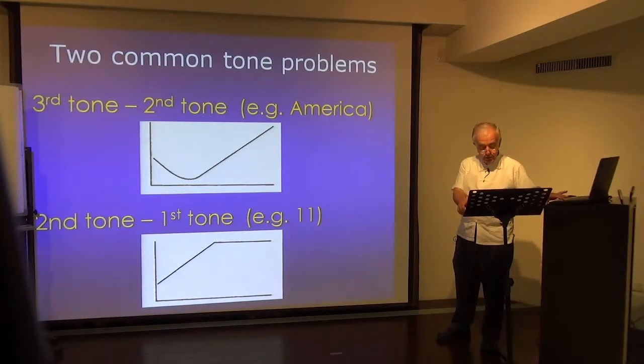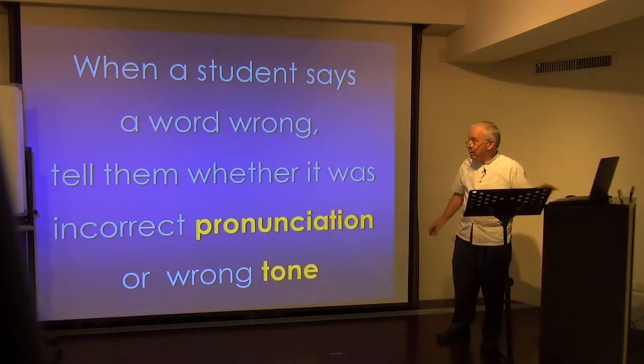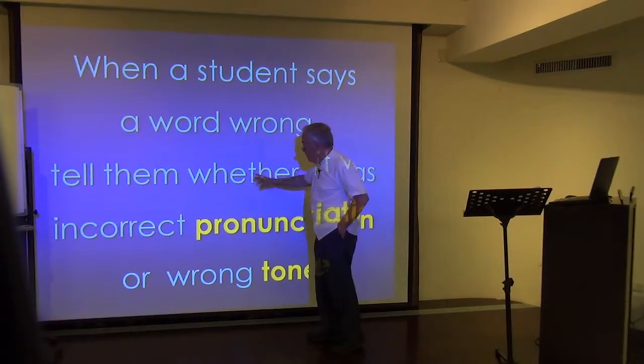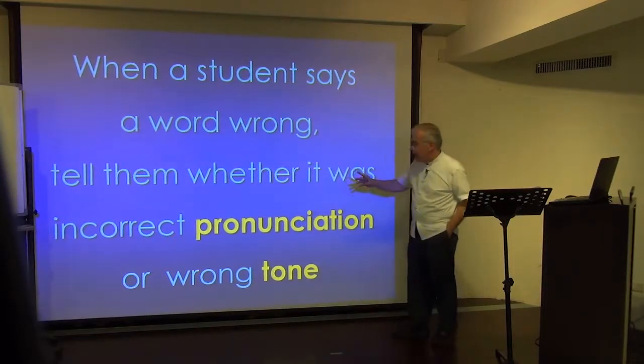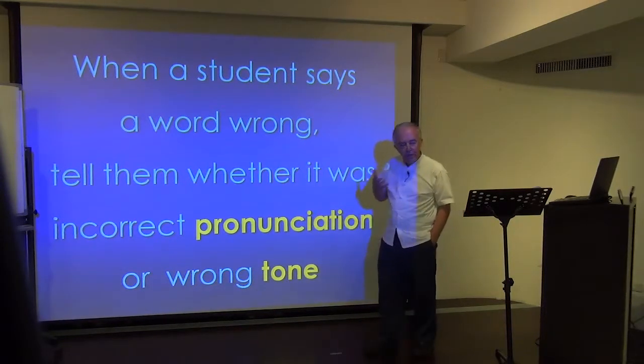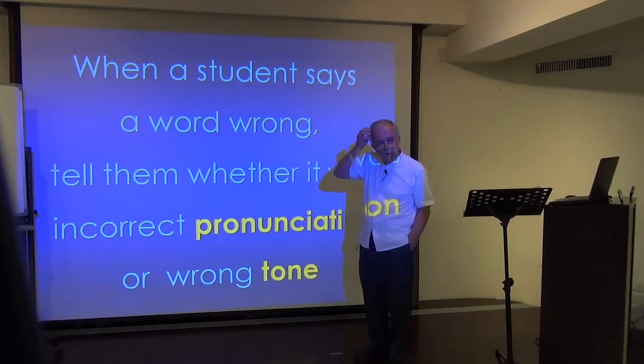And as teachers, let me find my place in my notes. We need to tell them when a student says a word wrong, whether it was incorrect pronunciation or wrong tone. You see, the problem is Chinese people, when someone says it wrong, they know it's wrong, but often find it difficult to work out whether its pronunciation was wrong or the tone was incorrect.